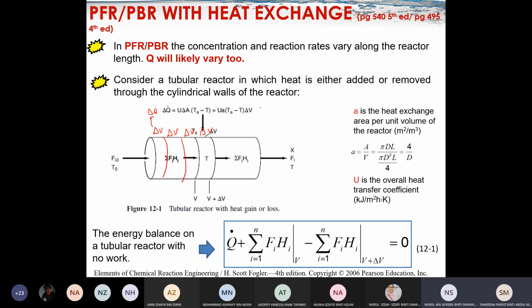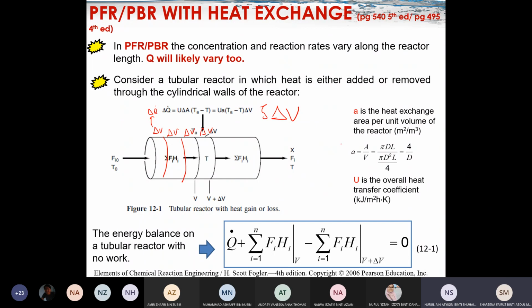Okay, but in this case, if this is a PFR, so kita kena consider there is a change of the volume. Alright, so bila ada volume change, of course Q ni akan change. Okay, so that's why we have a delta symbol here, whereby A ni kita boleh pecahkan dia sebenarnya. Sebab apa?